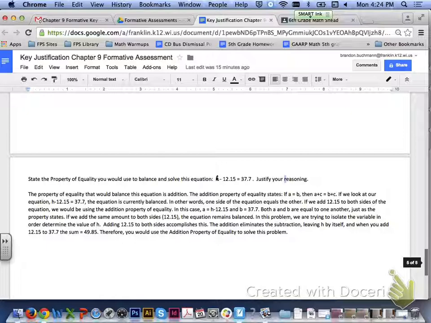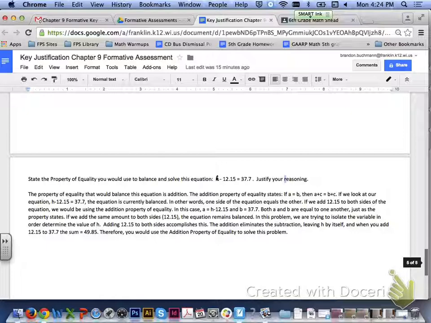If we add 12 and 1500ths to both sides of the equation, we would be using the addition property of equality. In this case, A equals h minus 12 and 1500ths and B equals 37 and 7/10. Both A and B are equal to one another, just as the property states. If we add the same amount to both sides, 12 and 1500ths, the equation remains balanced.